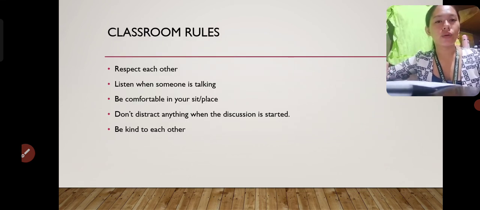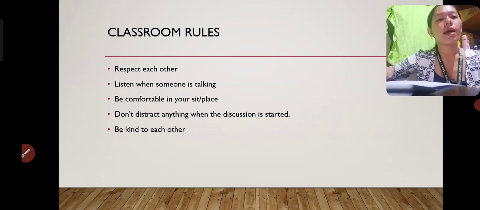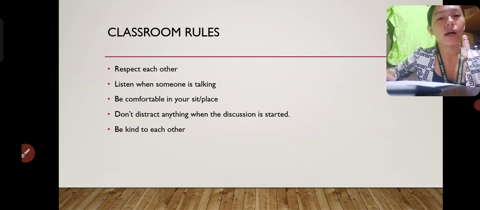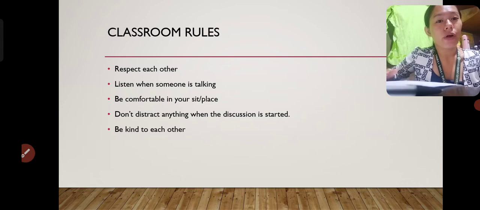The classroom rules: respect each other. Let's listen when someone is talking. This classroom rule is very important to me because I want you to listen first before you speak.